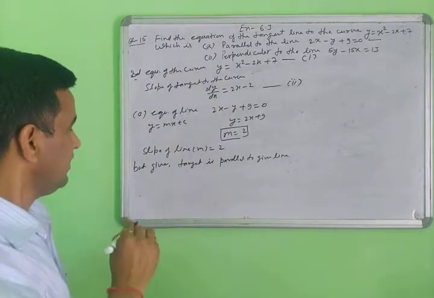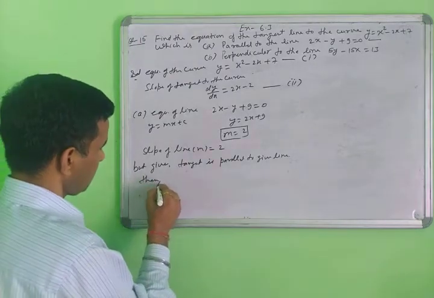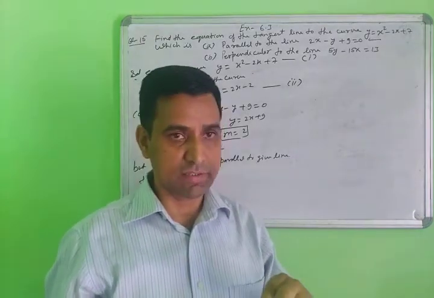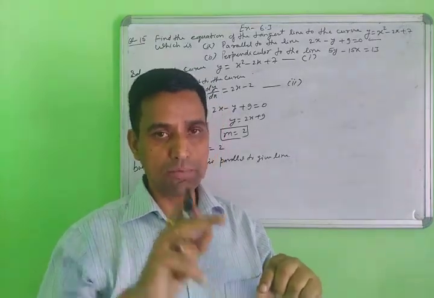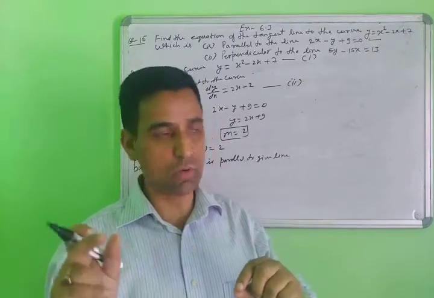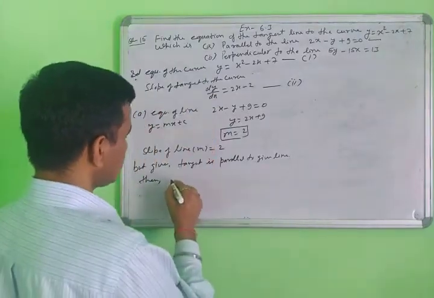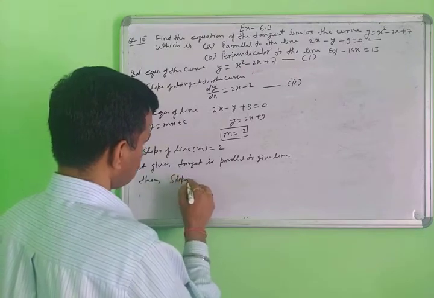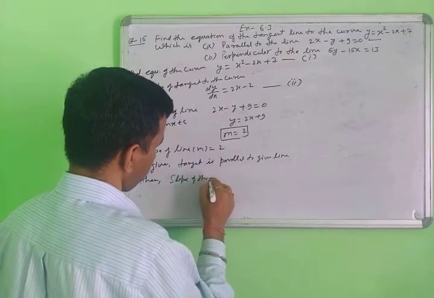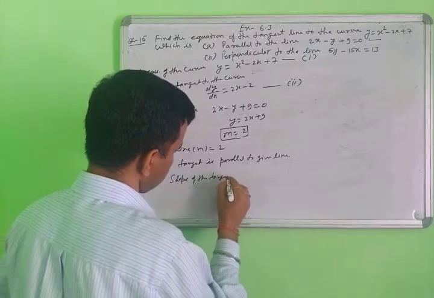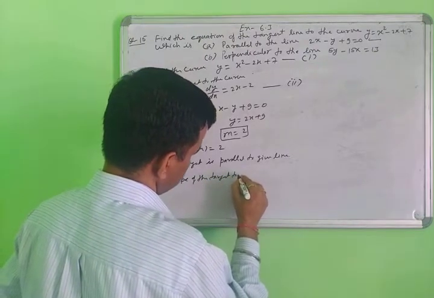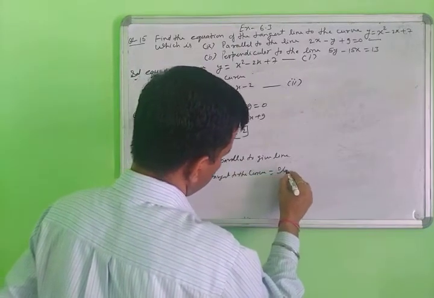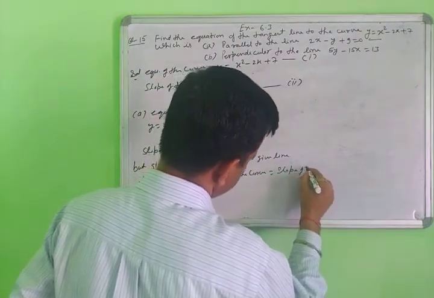Then it means, when two lines are parallel, the slope of both the lines is equal. Then the slope of the tangent to the curve is equal to the slope of the line.